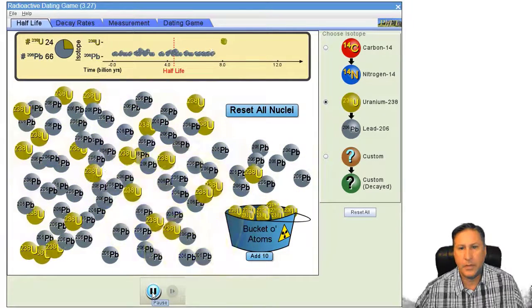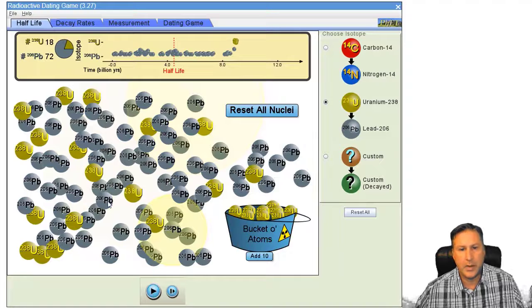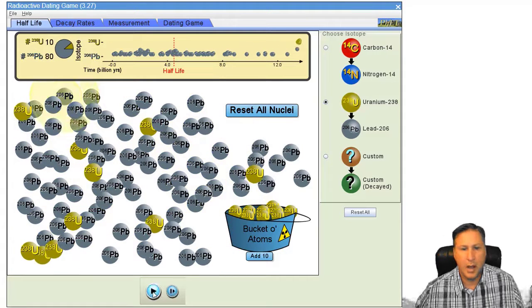After another half-life, which would be a little over 8 billion years, 75% of the uranium is turned into lead, and only 25% of the uranium is still uranium-238. And you go a little over 12 billion years, and now you should be down to... sorry, one half-life would be 50%, two half-lives would be 25%, three half-lives 12.5%.